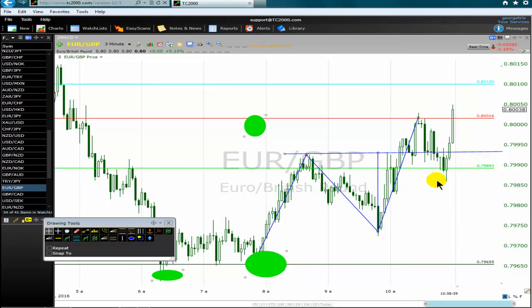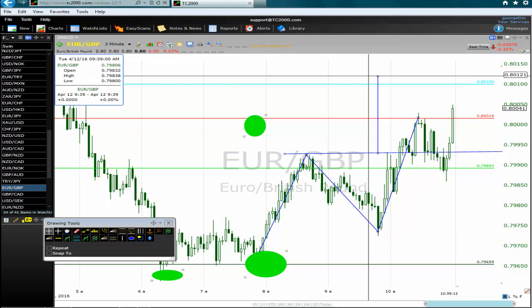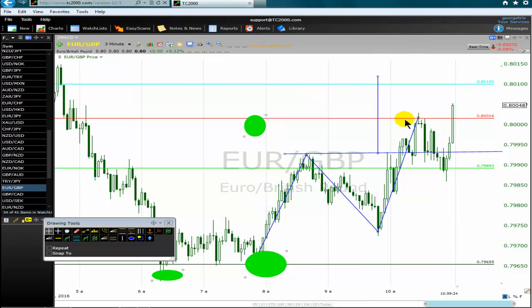Some traders will see this and say, okay, George, now we have a cup and handle, you call this a handle, and then they will project it up here, and they push it. Probably they will hit my stop loss at 8001, but I'm not going to close the trade.